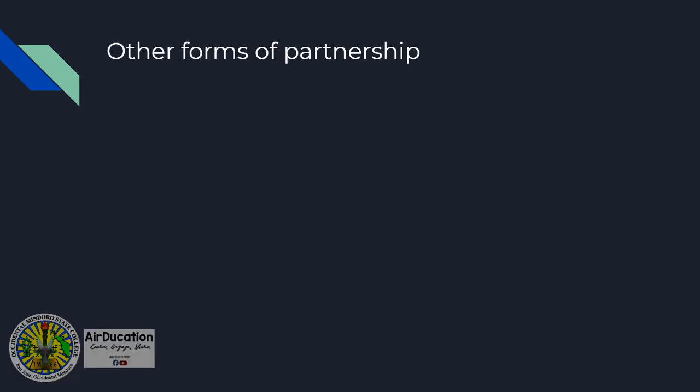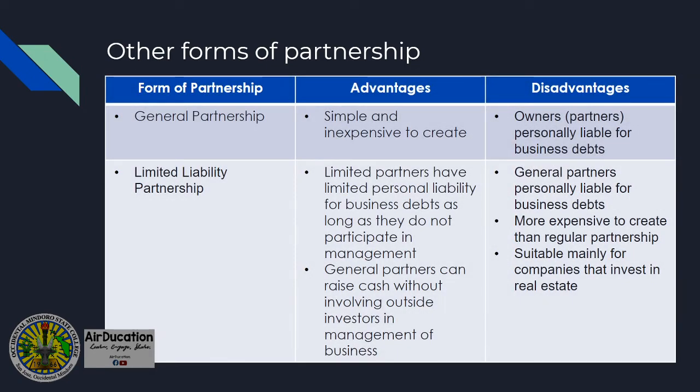So we have here other forms of partnership. First one, general partnership. The advantages of general partnership: it is simple and inexpensive to create. The members of this partnership have equal contribution to start the business, so that's why it is simple and inexpensive to create.